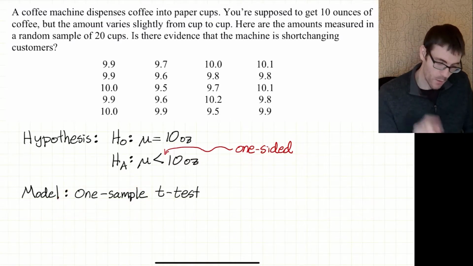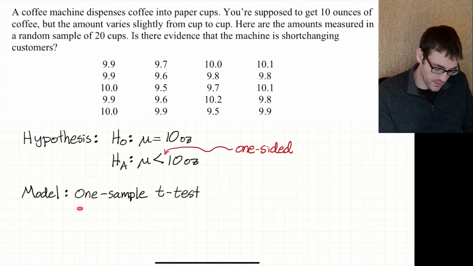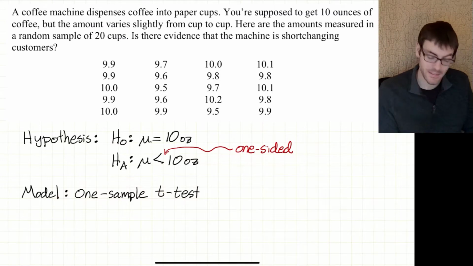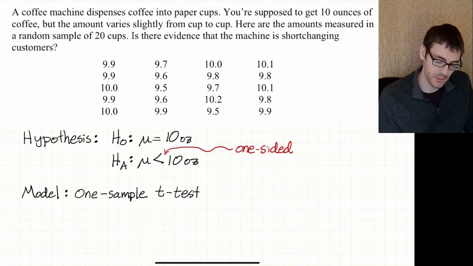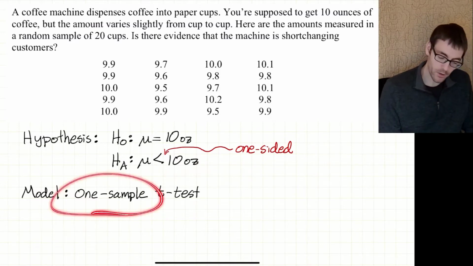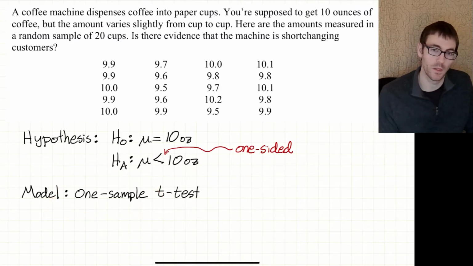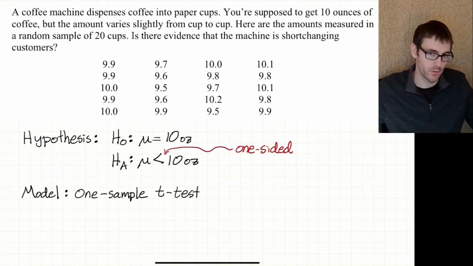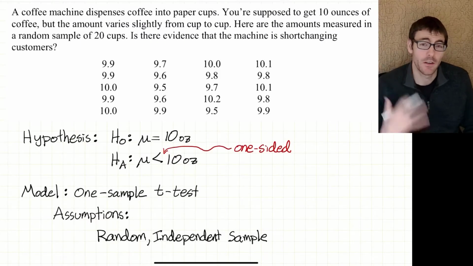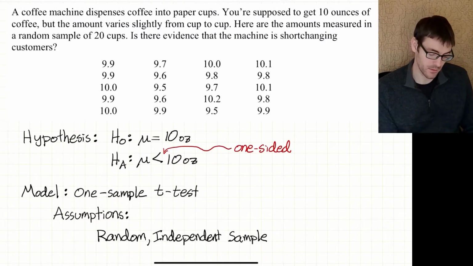All right. I want to point out that one sample and one-sided are two separate notions. It's a one-sided hypothesis test because we're mainly concerned in situations where the mean is less than the advertised value. The one sample part comes in because we're only taking one sample. Two separate notions.